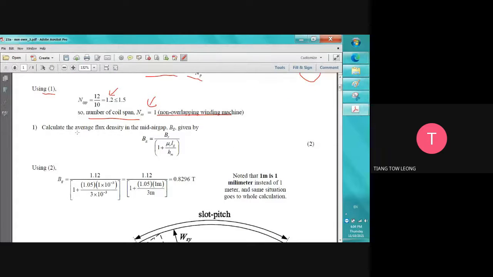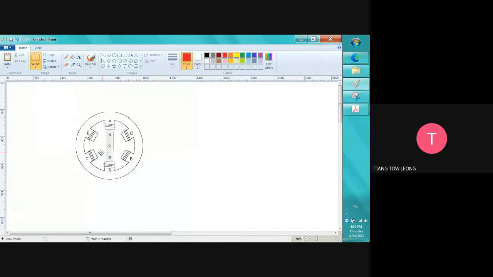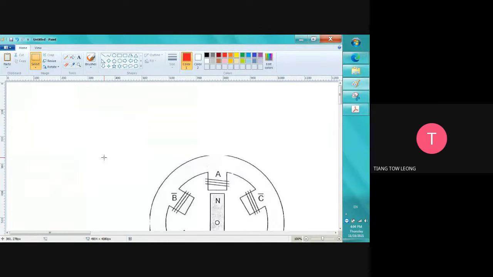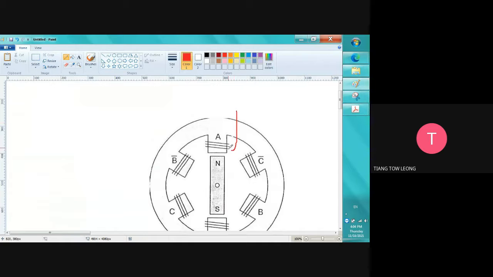So then we need to calculate the average flux density in the middle of the air gap. Why do we want to calculate it in the middle of the air gap? Because when we want to get the energy or rotation, what we need to do is excite the current for the winding. Then the field will react with this.